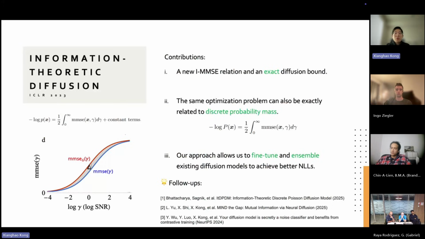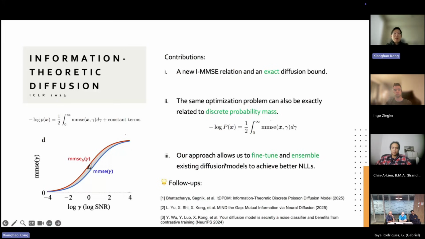This bound can be used to train a model to estimate the density more accurately, or to evaluate whether a model is trained well or not, more accurately through our exact diffusion bound or IT bound. The second thing is that the same optimization problem can also be exactly related to the discrete probability mass. And for this discrete probability mass, we can reduce the constant terms because they are very negligible.